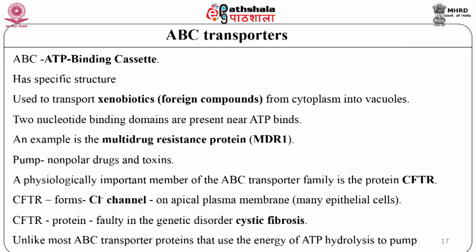An example is the multiple drug resistance protein. This protein uses the energy of ATP hydrolysis to pump a wide variety of non-polar drugs and toxins out of the cell. It is named so because overexpression of this protein in tumor cells confers resistance to chemotherapeutic drugs.